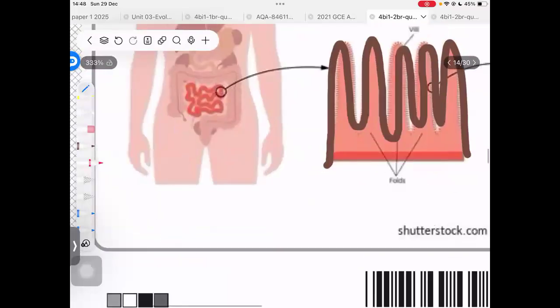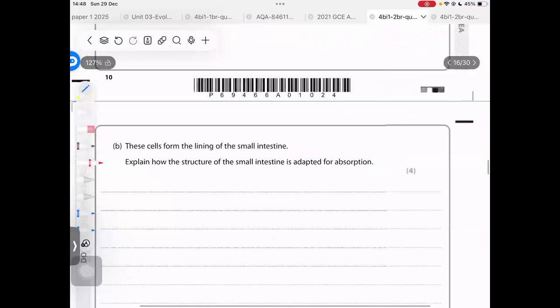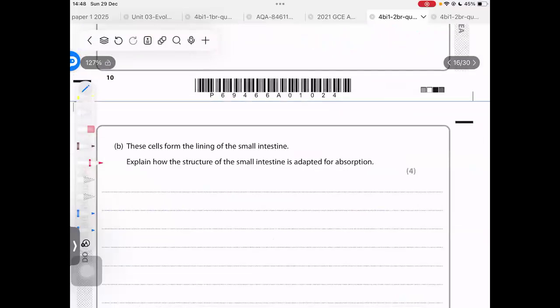They asked us to explain how the structure of the small intestine is adapted for absorption.